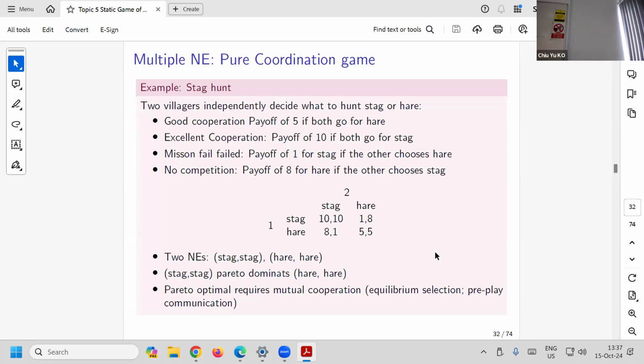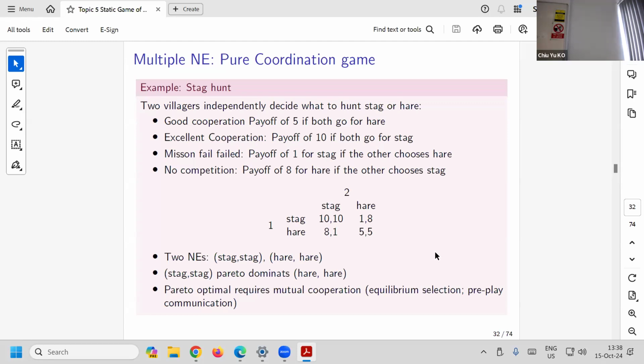And we check the next one, hare and stag. In this case, player 1 wants to switch, right, from 8 to 10. Or player 2 wants to switch from stag to hare, 1 to 5, right? So this is not an equilibrium. By symmetry, you know this upper right corner is not an equilibrium as well.